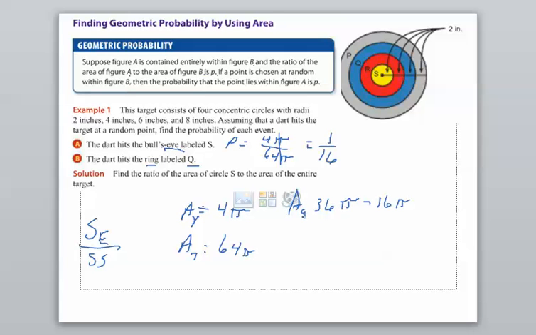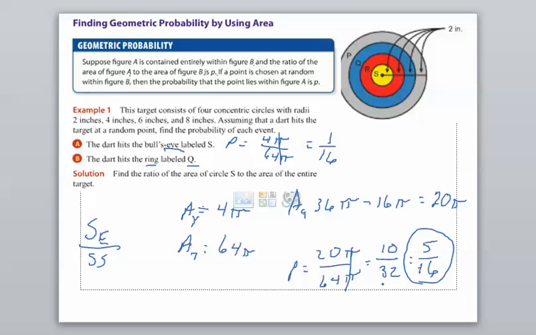Okay? So what I'm going to wind up with here is 20 pi. And the area of the total is still 64 pi. So the probability here is going to be 20 pi divided by 64 pi. Canceling out, that's 10 over 32, which is 5 over 16. 5 out of 16.